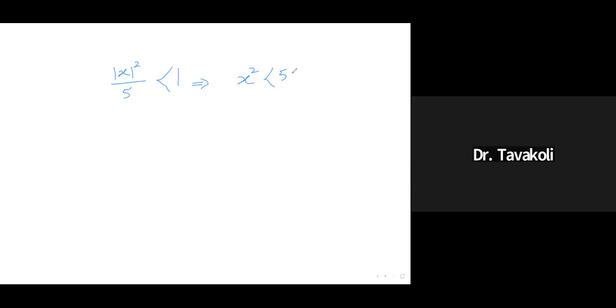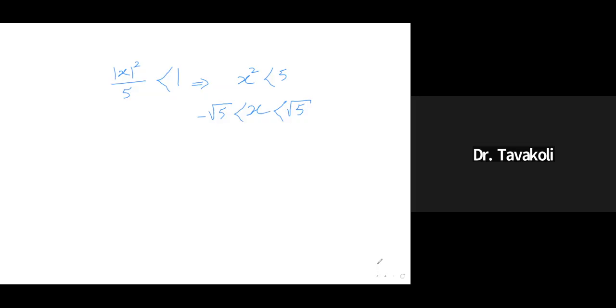This is an inequality that you have seen in basic algebra or more elementary courses. If x squared is less than a positive number, x is between the radical of that positive number and minus the radical of that positive number. So if x is in this interval, the power series is definitely convergent.